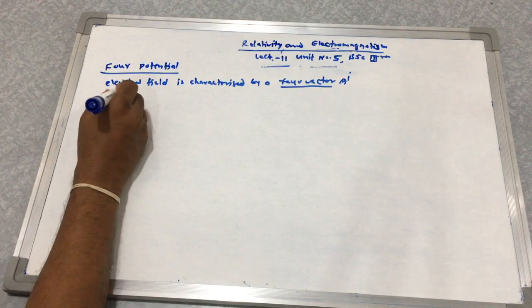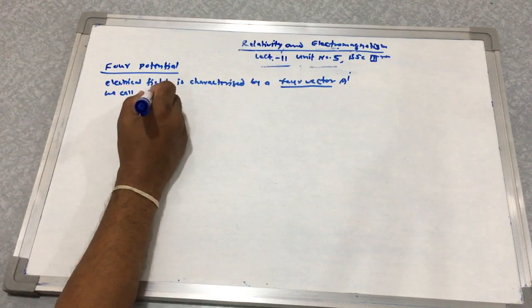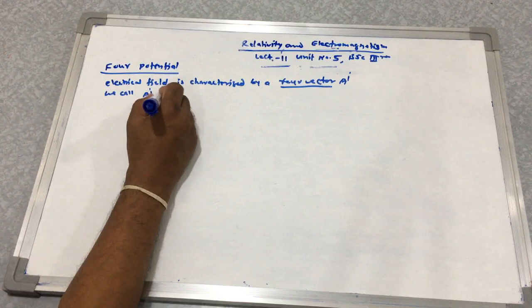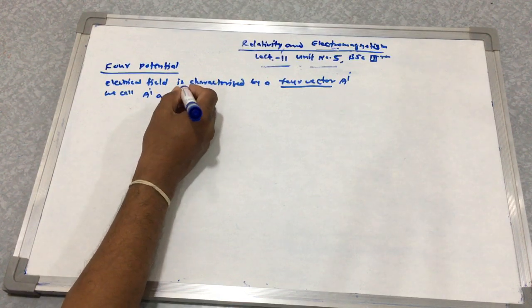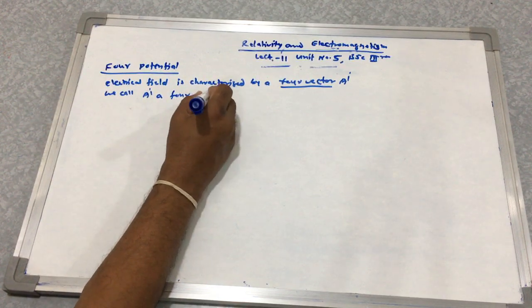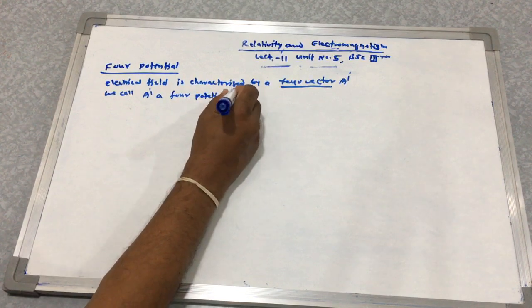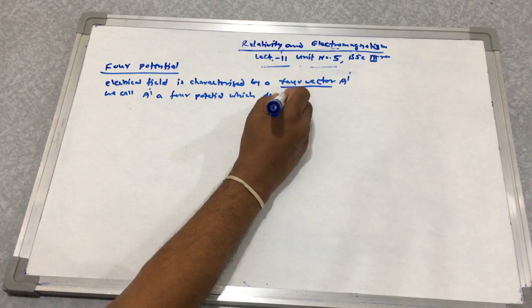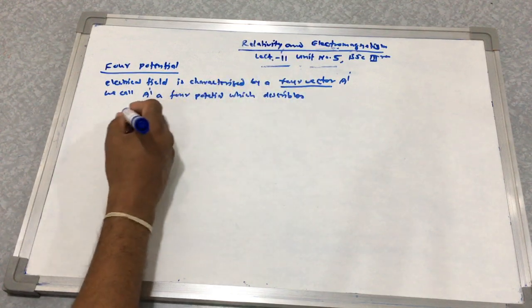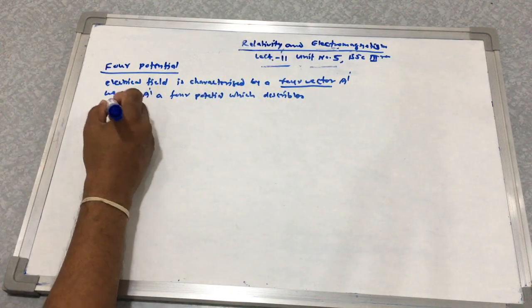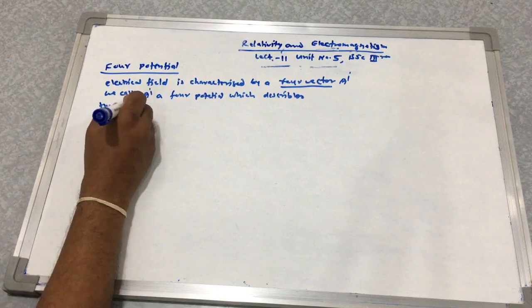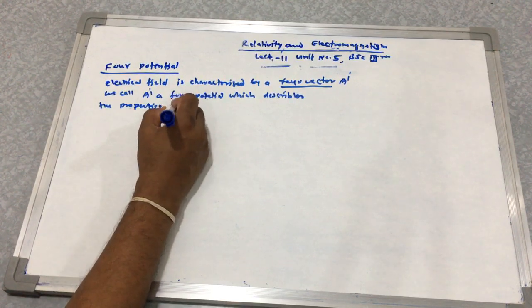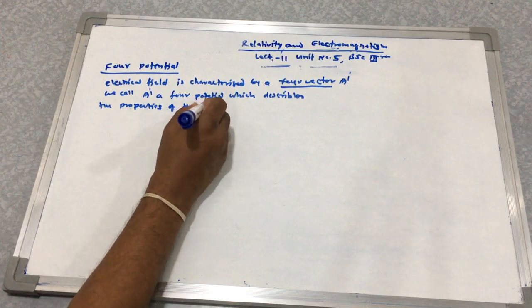We call A^i a 4-potential, which describes the properties of the field.